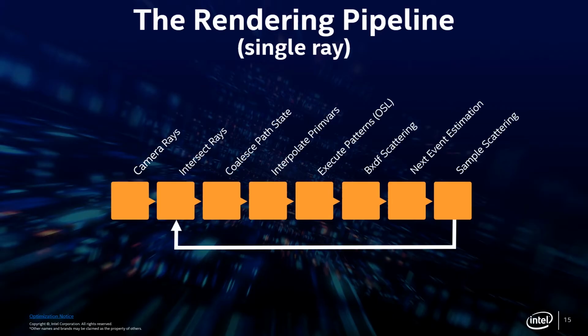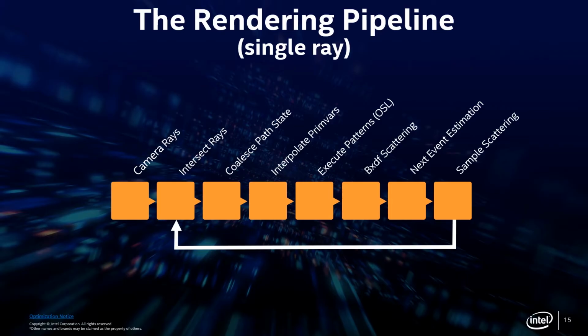through these steps. We start at the camera, generating rays, we intersect them, we keep only those that actually did hit something, we interpolate the surface manifolds that describe the differential point in space, we execute shading patterns on those points, we run scattering for subsurface and volumes, we then compute lighting, eventually we scatter a new ray to continue the light path, and we loop back from the beginning.